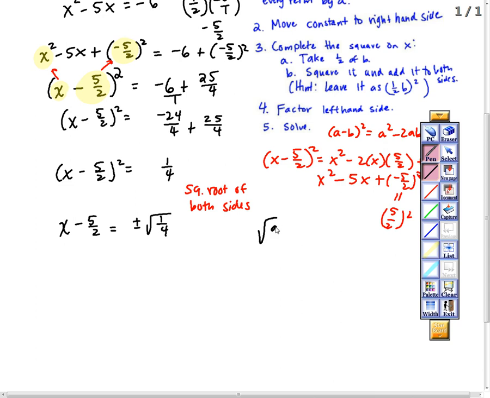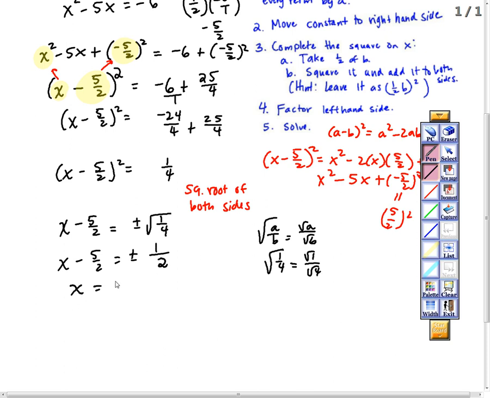Well, we know the square root of a over b is the square root of a over the square root of b. So the square root of 1 over 4 is the same as the square root of 1 over the square root of 4. So I have x minus 5 halves equals plus or minus square root of 1, which is 1, over square root of 4, which is 2.